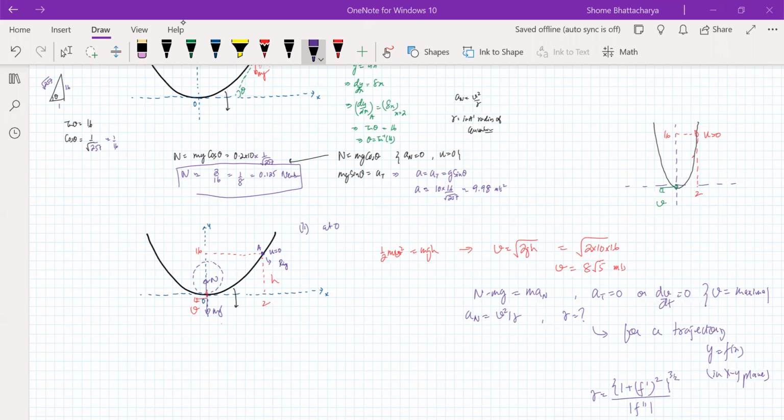Here we have to do that whole calculation for this particular trajectory, which is y equal to 4x square. So we have to find this term, and then substitute the value of this term at the origin. The origin is the point where x and y coordinates are both 0. That will give us both the things, the acceleration as well as the normal reaction.